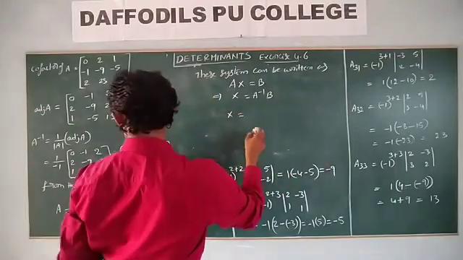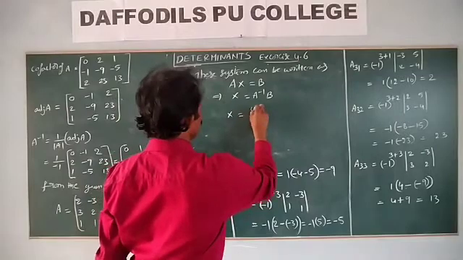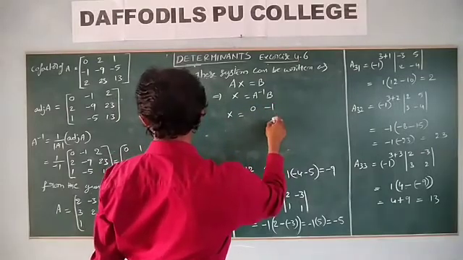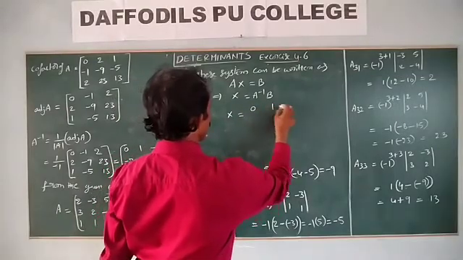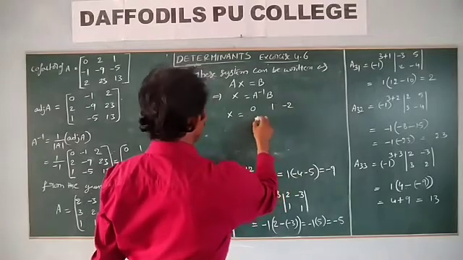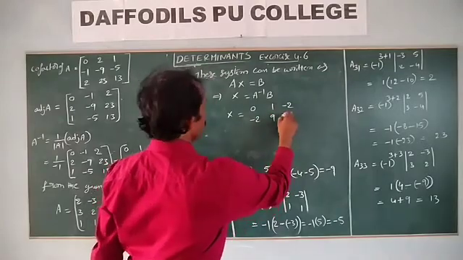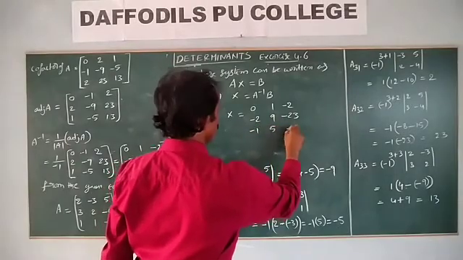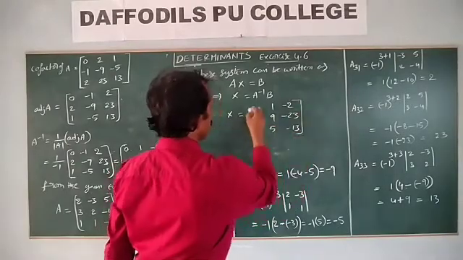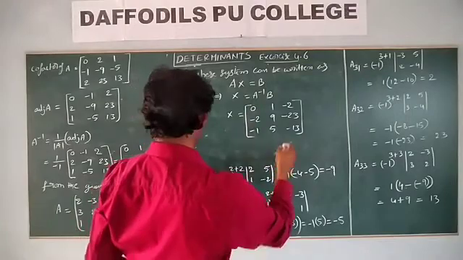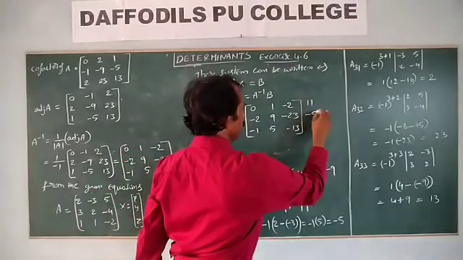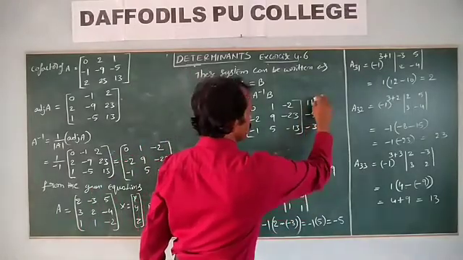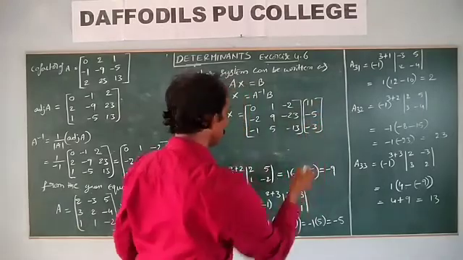X is equal to, what is A inverse? A inverse is equal to 0, minus 1, plus 1, 0, plus 1, minus 2, minus 2, 9, minus 23, minus 1, 5, minus 13 into B value 11, minus 5, minus 3. Okay, multiply.